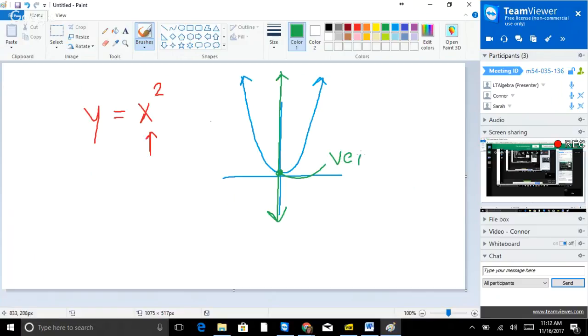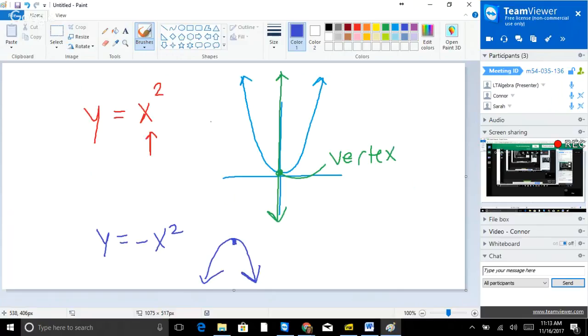The vertex is simply the lowest value of your equation, or in some cases, if you were graphing y equals negative x squared, your parabola is going to open down, and your vertex is going to be your highest point. But there's always one vertex, either the peak of the mountain or the valley of the mountain, right? And that's the vertex of your parabola.